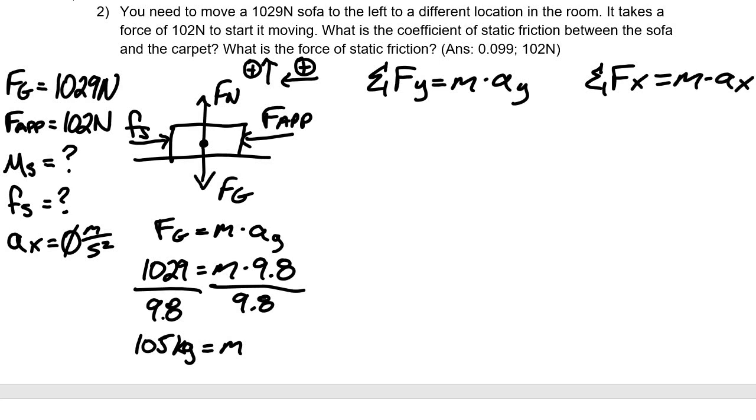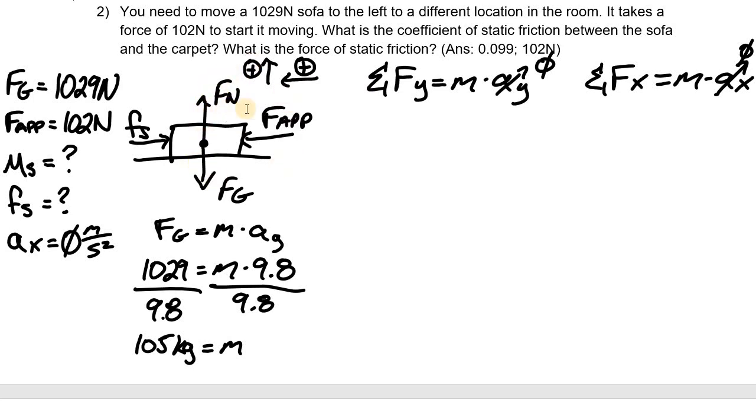Once again, what is our acceleration in the y direction? Is it moving up or down at all? No. And what is the acceleration in the x direction? Well, we already said that since it's not moving, our acceleration in the x direction is going to be 0. Coming over here, what are all the forces pointing upwards?